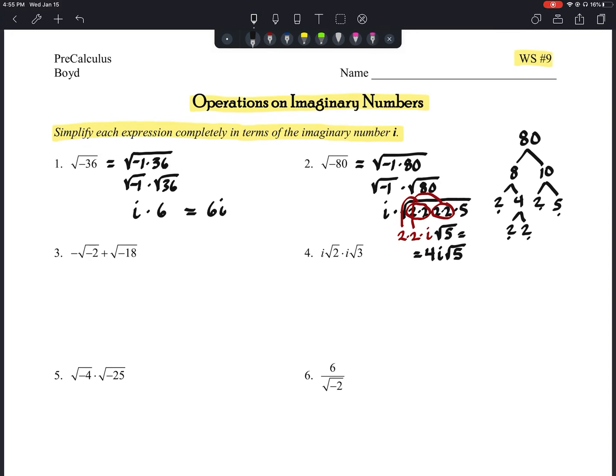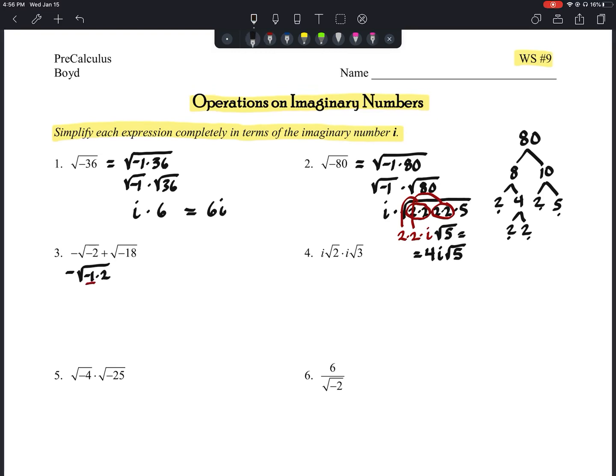Now, number 3, you'll see here we have the opposite of the square root of negative 2 plus the square root of negative 18. When we break this down, the square root of negative 2 becomes the square root of negative 1 times 2 inside, and the only thing we can actually pull out of this one is the i from the negative 1.